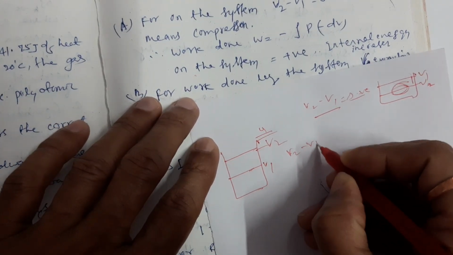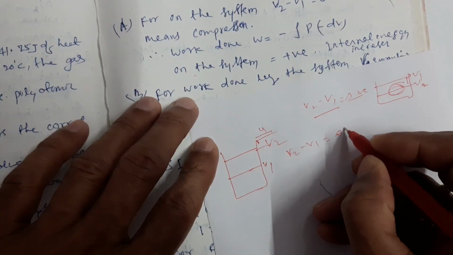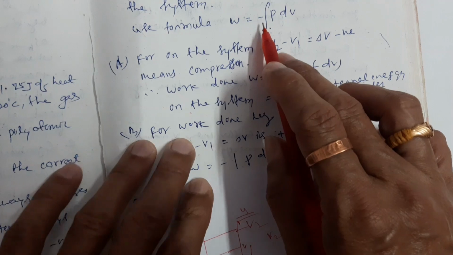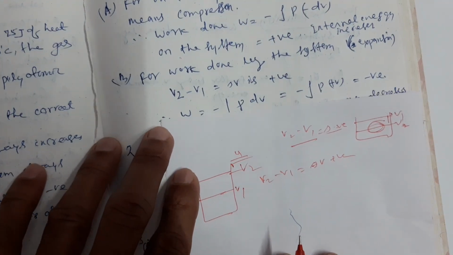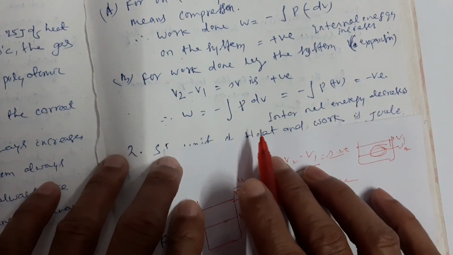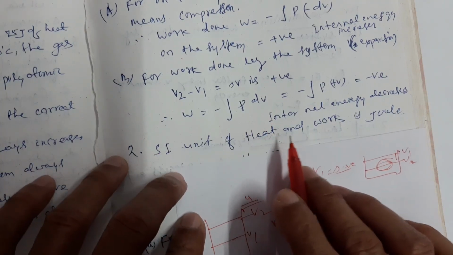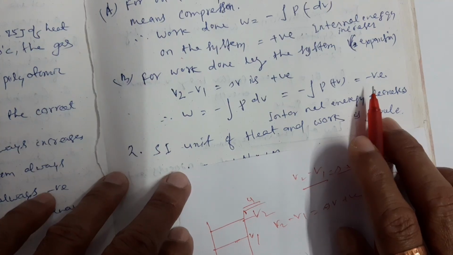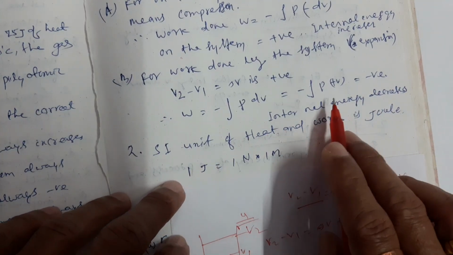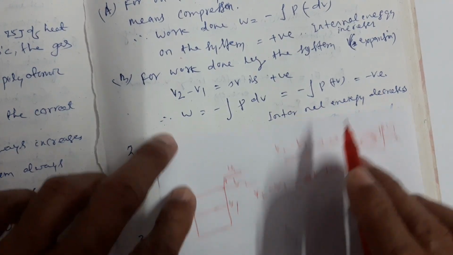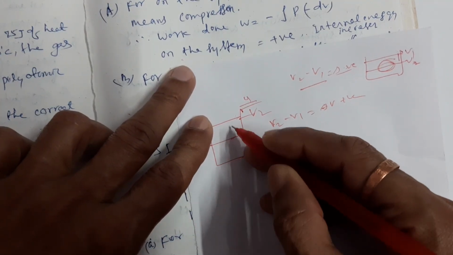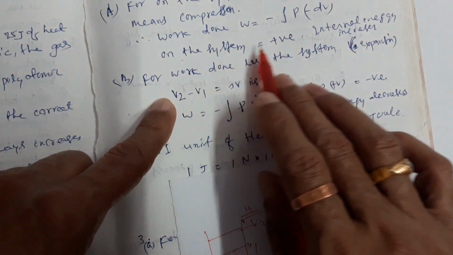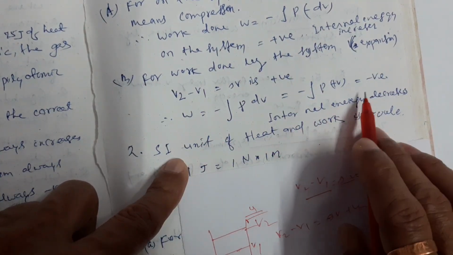So V2 minus V1, delta V, is positive, but the minus sign is there before it. So work done by the system is negative, because when you expand, the internal energy of the system decreases. Work done on the system is positive, work done by the system is negative.